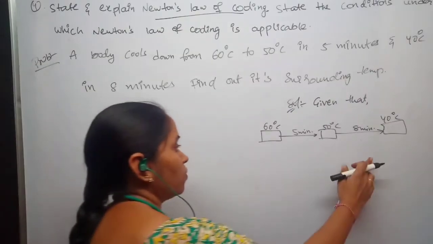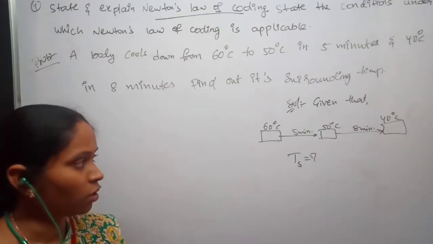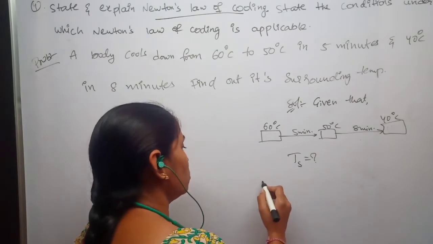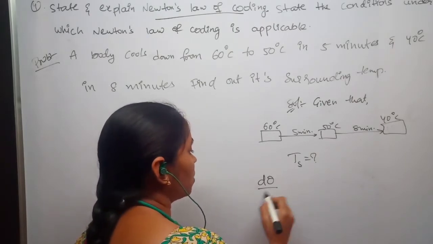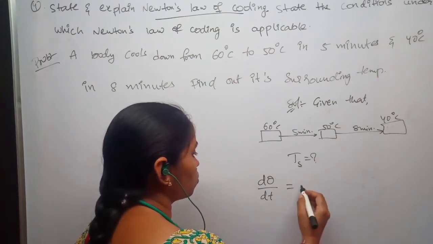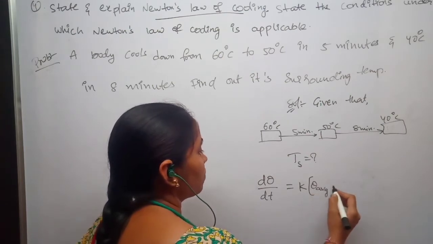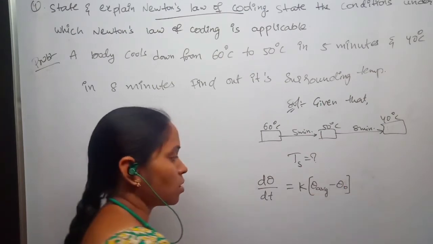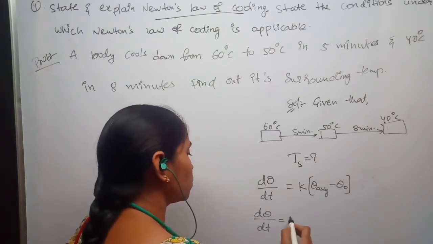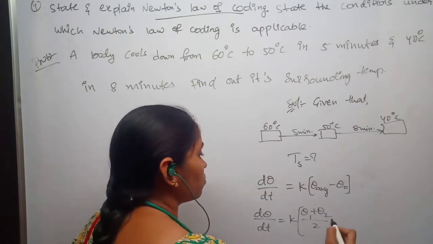Okay. And we have to find out the surrounding temperature of the body. Let's find out. And what is the required formula? d theta by dt is equal to k times of theta average minus theta naught. What is theta average? d theta by dt is equal to k times of theta 1 plus theta 2 by 2 minus theta naught.